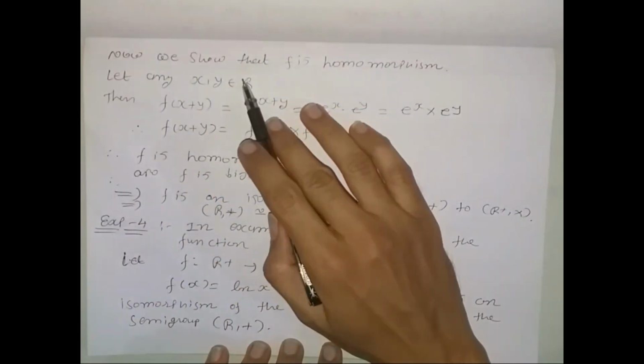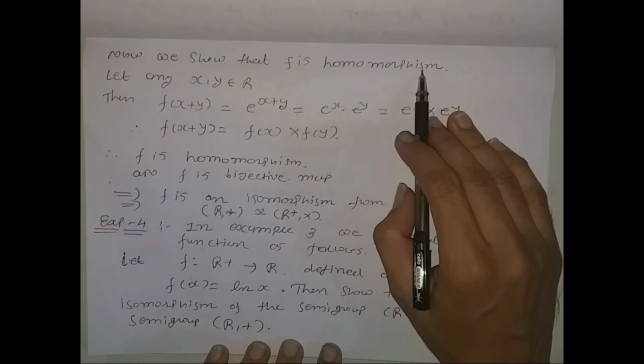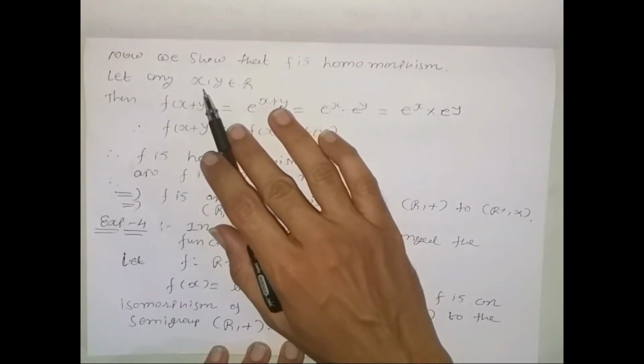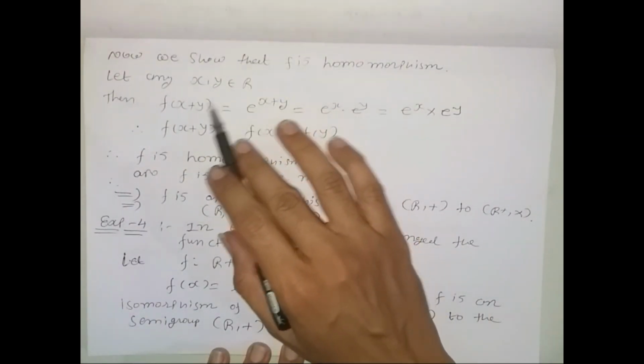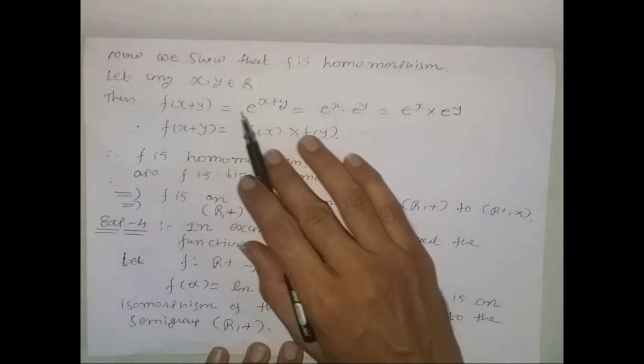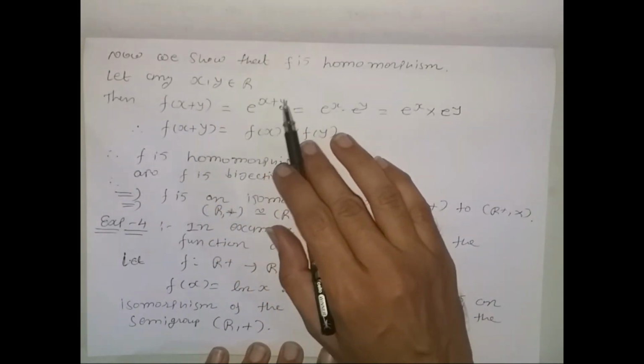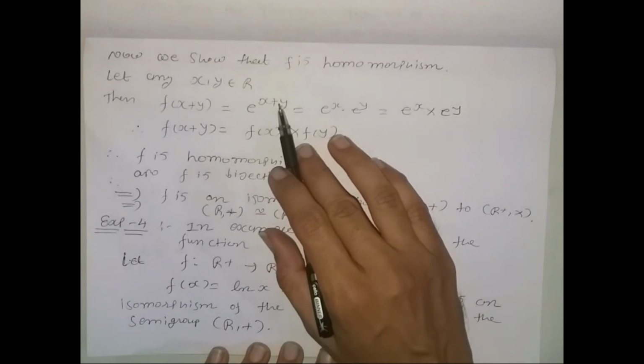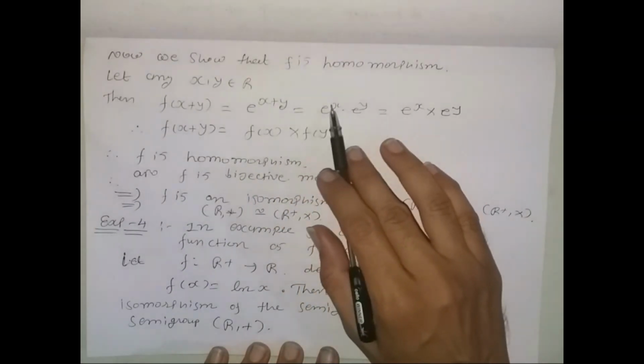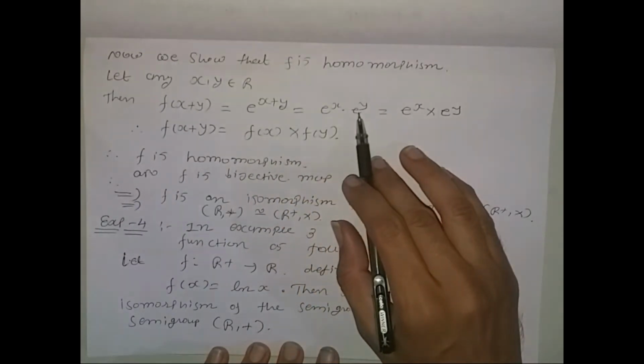Now what we saw is that f is a homomorphism. For that we have considered two elements x, y belongs to r. Now f of x plus y is equal to e raised to x plus y. This can be written as e raised to x multiplied with e raised to y.